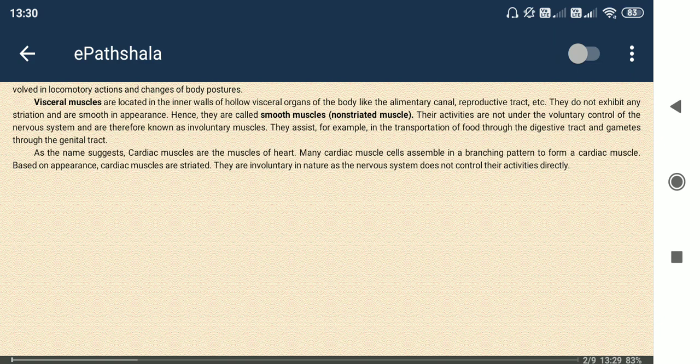So in the gastrointestinal tract or in blood vessels, the visceral muscle is located inside the wall, not in the periphery. That's why it is called visceral muscle or smooth muscle, and another name is non-striated.